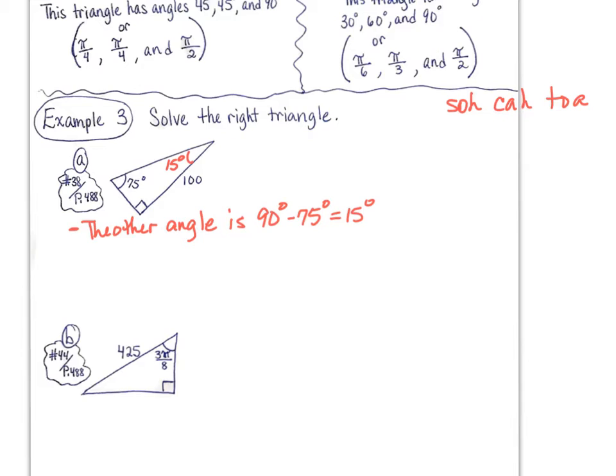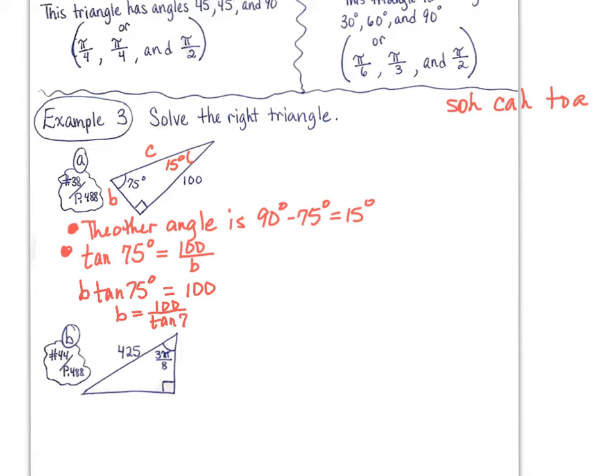So tangent of 75 degrees, if we label this side as B, that is C, would be equal to 100 over B, right? Because it's equal to opposite over adjacent. So that means that B times tangent of 75 degrees is equal to 100, or B is equal to 100 over tangent of 75 degrees.